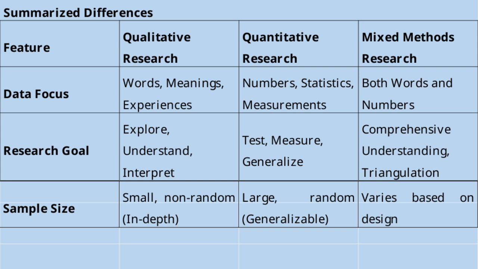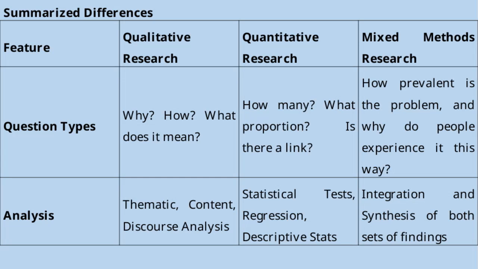Connecting this to the overall theme, these differences highlight how choosing a research approach depends on your specific questions and objectives. Whether you're seeking rich, detailed insights or broad, generalizable data, understanding these distinctions helps you select the best method for your study.